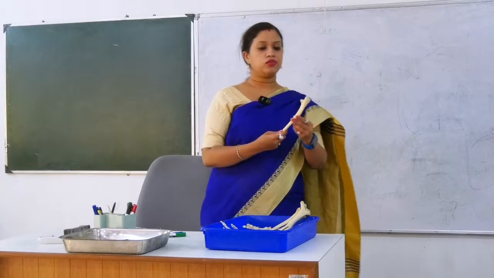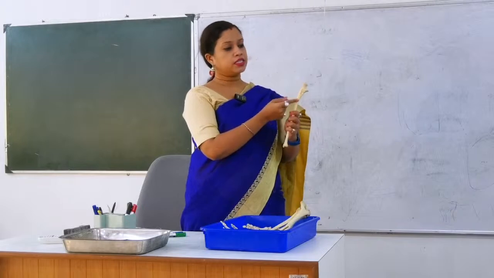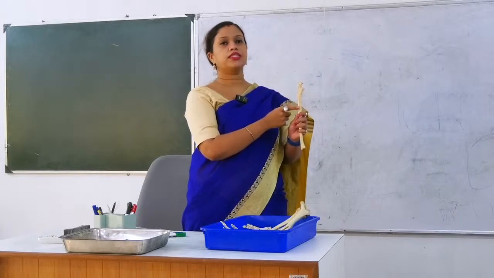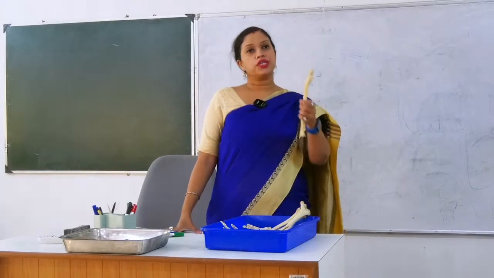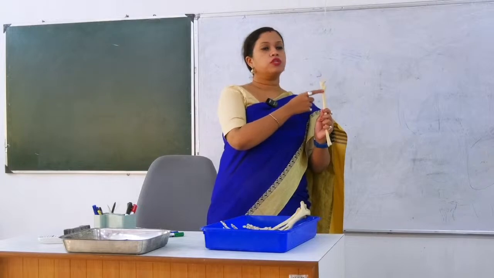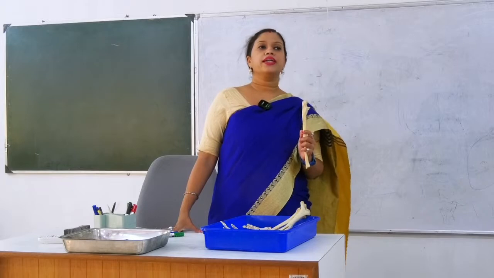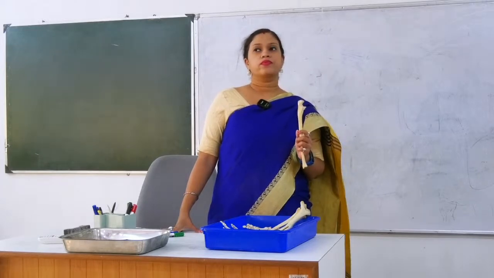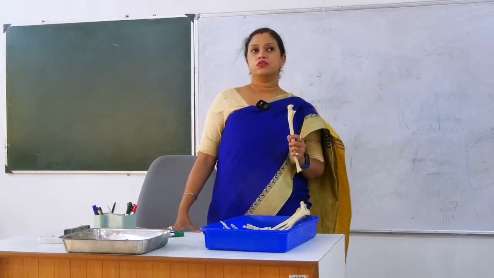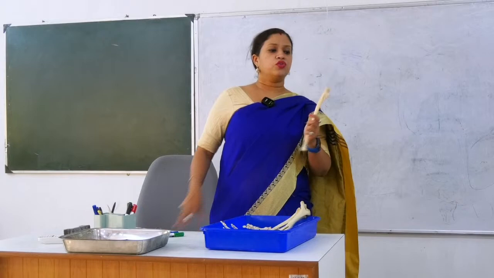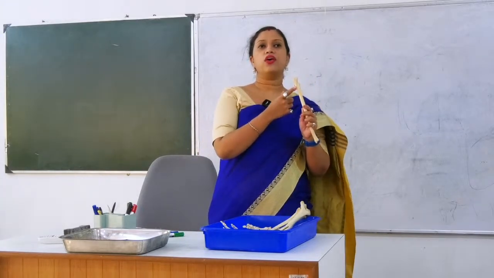So where will you get the supinator fossa? This one. Just back of that, you see very nicely, one crest is there on the posterior aspect. This is known as the supinator crest. So posterior to the supinator fossa, there is the presence of the supinator crest. Now tell me, which thing is attached? Is it regular or irregular?